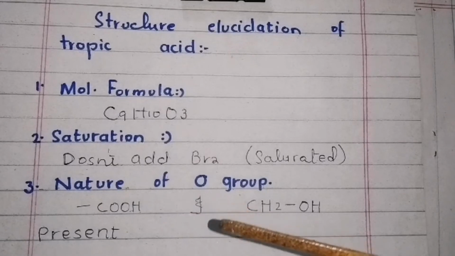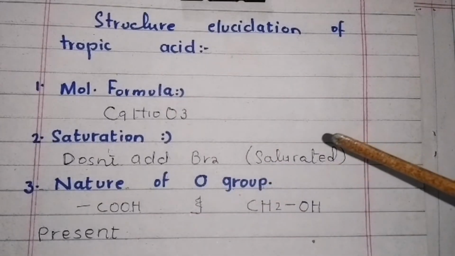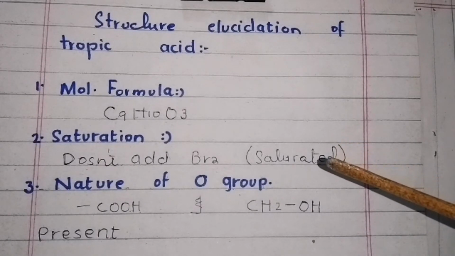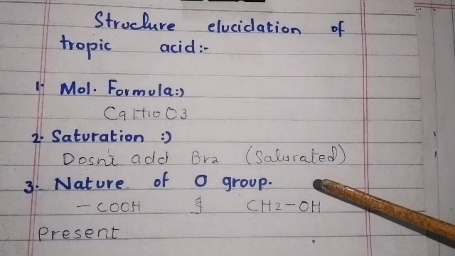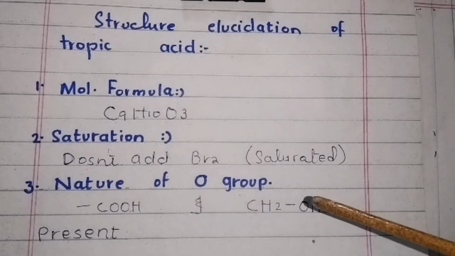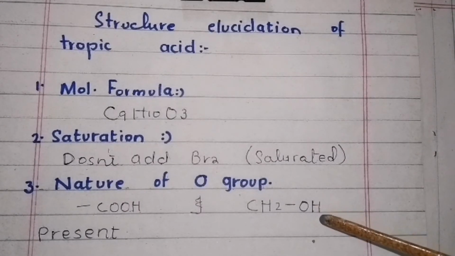And in order to find the presence of the alcoholic group, we can detect it by qualitative and quantitative analysis, by acetylation with acetic anhydride and acid chloride, or by benzoylation with benzoyl chloride.